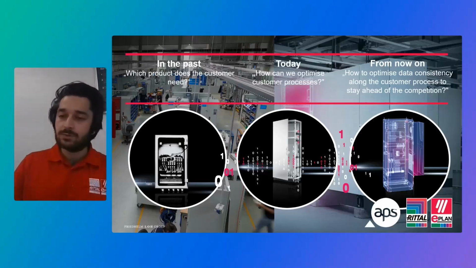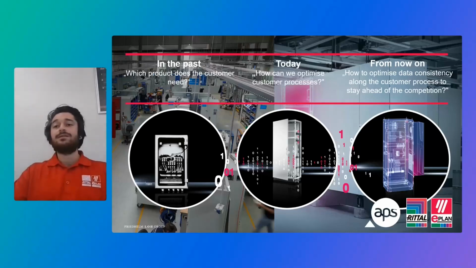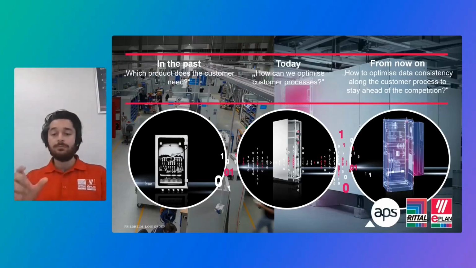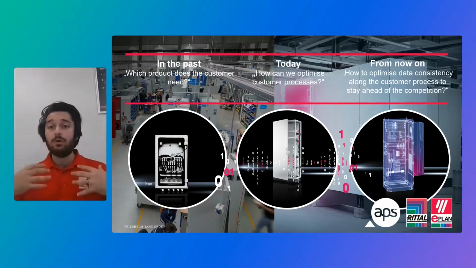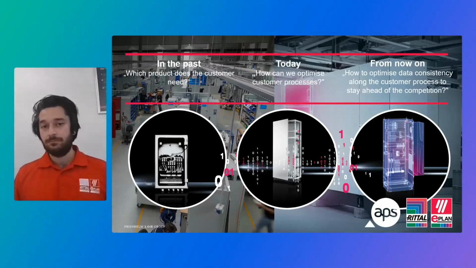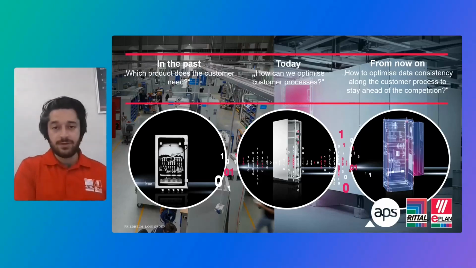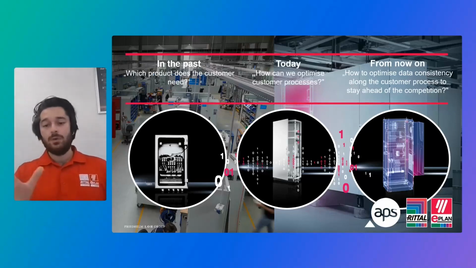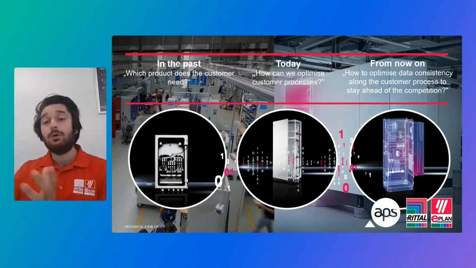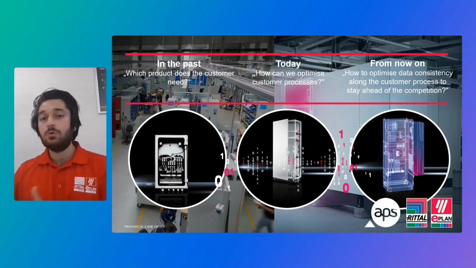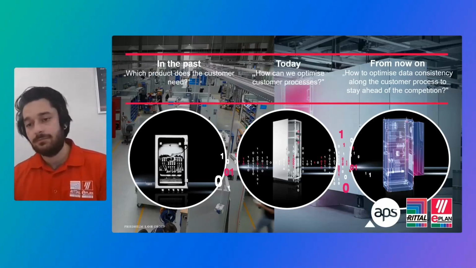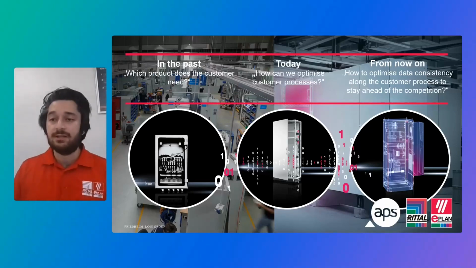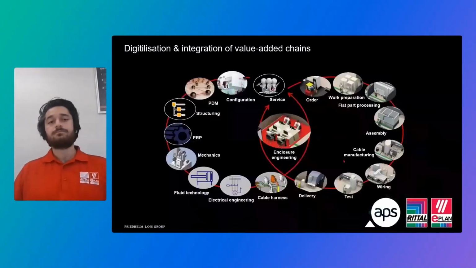From this point onwards, we need to start asking ourselves how to optimize the data consistency along the process so that we all stay ahead of the competition. We don't want to be the same fish swimming in the same direction with the rest of the school of fishes. We want to be that outlier, someone who goes above and beyond for our customer. And I'm sure you guys feel the same way.